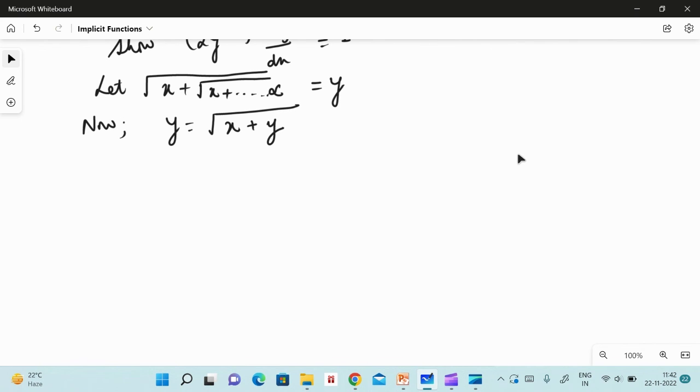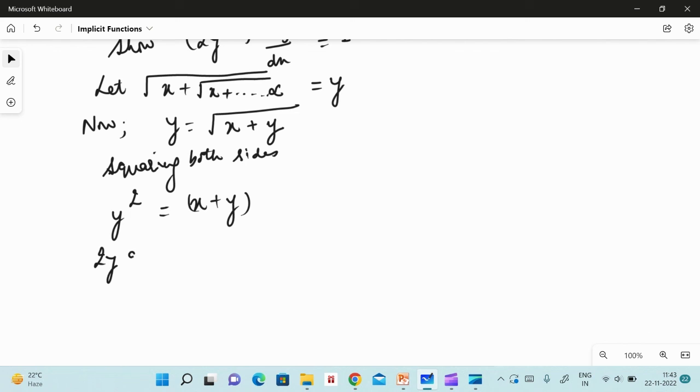In order to do the calculation in a simpler way, I will square both sides. So squaring both sides, what is my new value? This is y square is equal to x plus y. Now, this is very simple. Now I will differentiate both sides with respect to x.